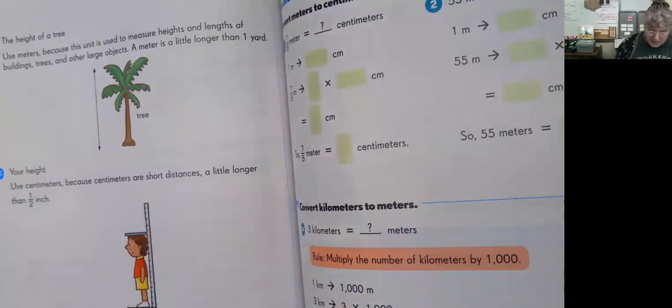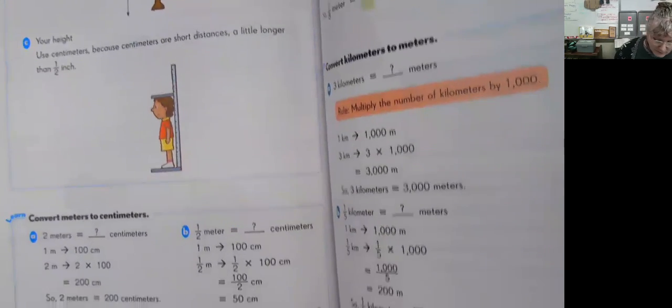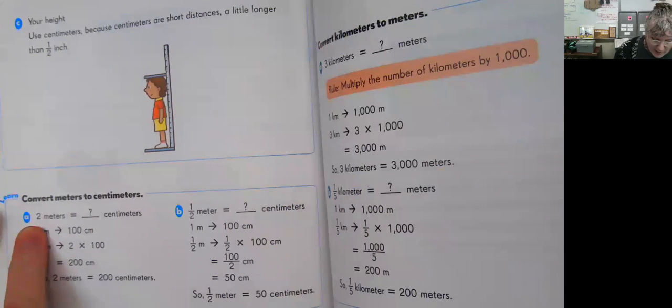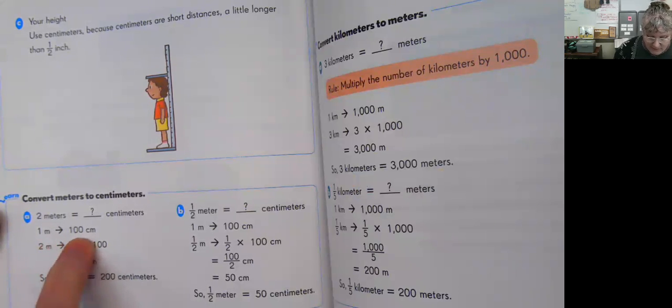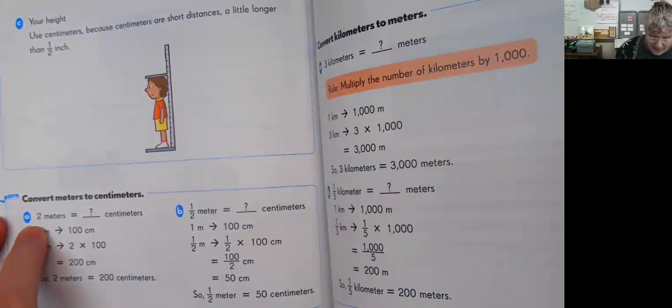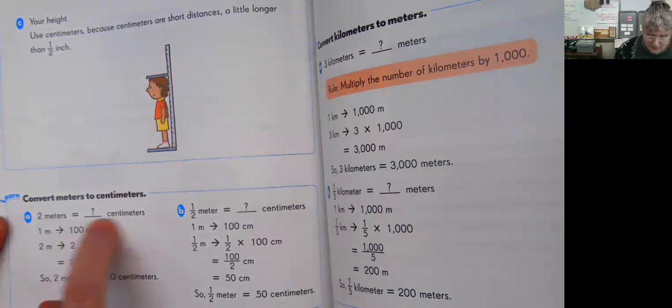Okay, now, here is the most important thing about doing this. When you're trying to convert measurement, you're going to look in the blue box and you're going to write the information from the blue box down. Okay. So here I have the problem: 2 meters equals question mark centimeters.